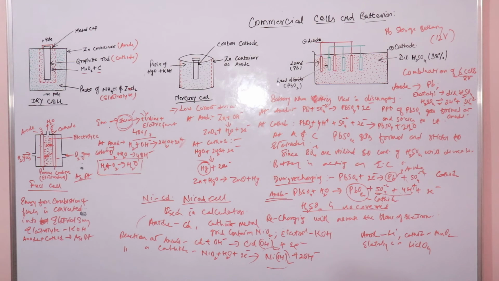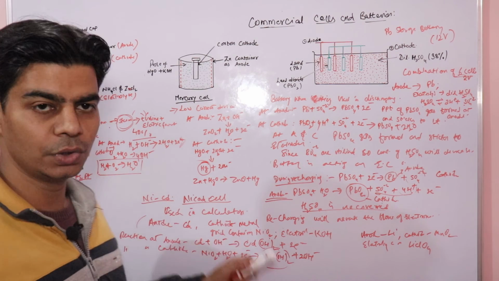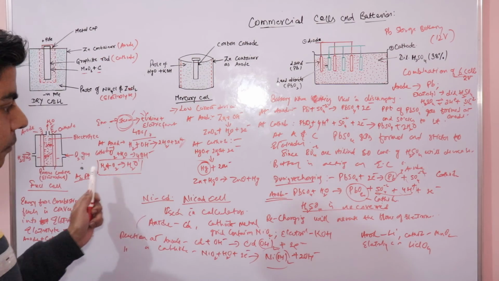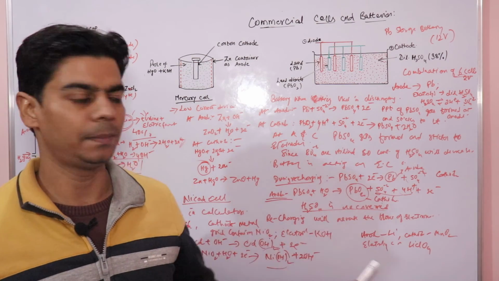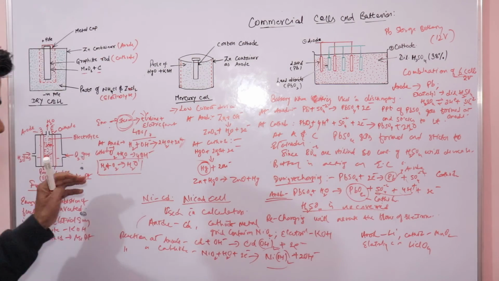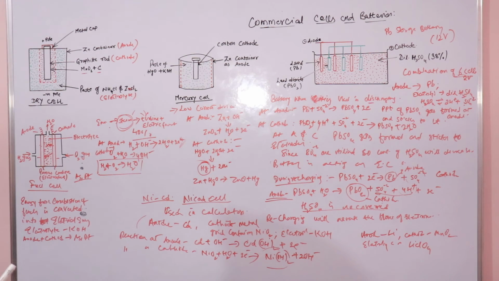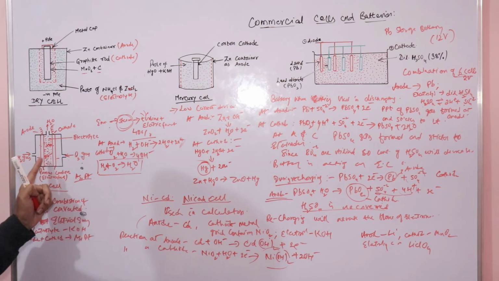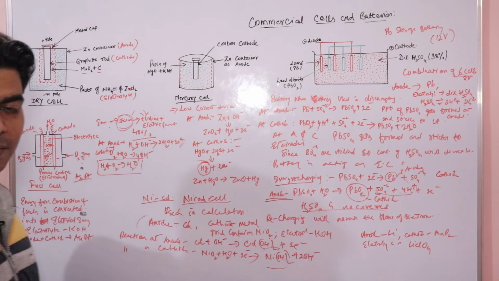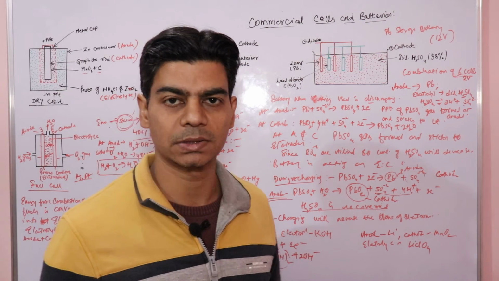So this fuel cell has high efficiency, and it is pollution free, if you compare it with the reactions that take place in a battery. Some drawbacks are that the catalysts we use here, silver and platinum, are costly metals.